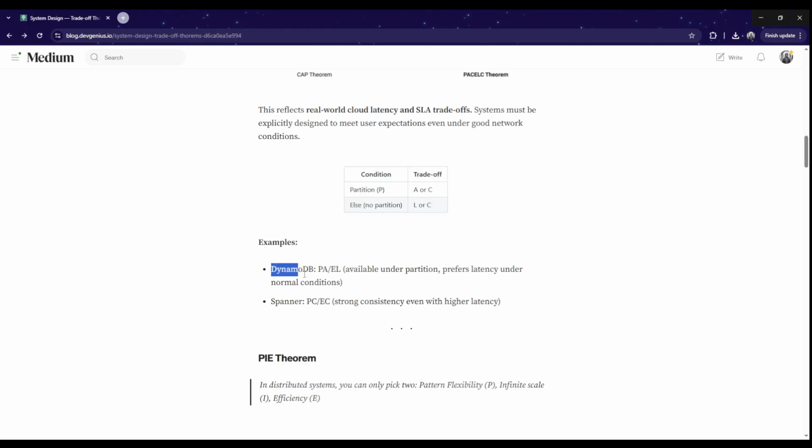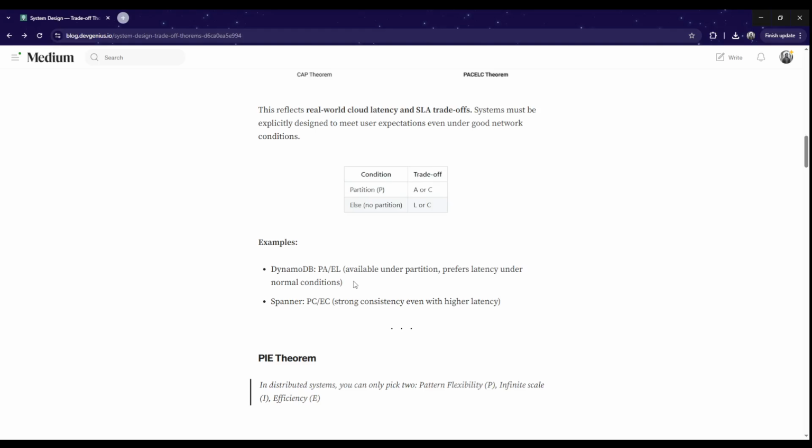For example, DynamoDB, which is available under partition. So it chooses the PA part. In case of partition tolerance, it chooses for availability, and then it prefers latency under normal conditions. So it prefers to have a faster response rather than giving a consistent response. It follows eventual consistency.